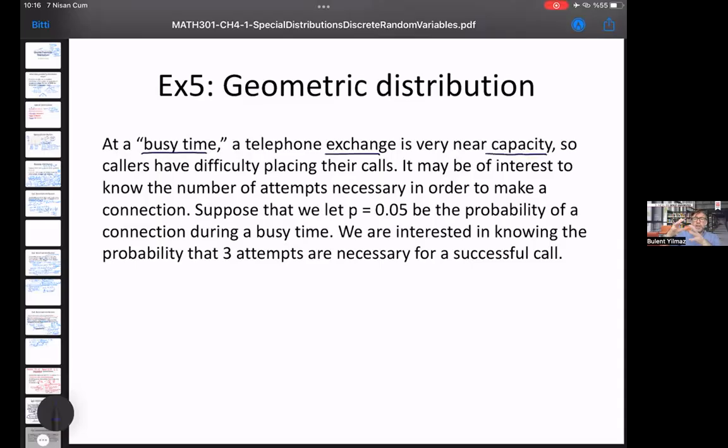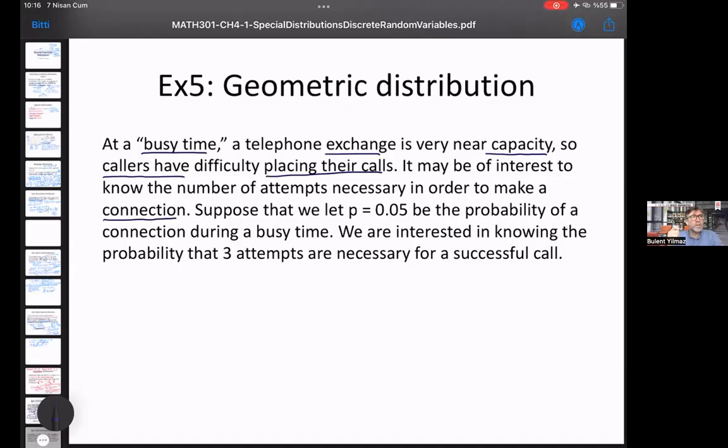A telephone exchange means, let's say, there is circuitry in the telecom building, and calls are coming and going, but sometimes you cannot reach someone because the lines are busy. It's very near capacity, so callers have difficulty placing their calls. It may be of interest to know the number of attempts necessary in order to make a connection.